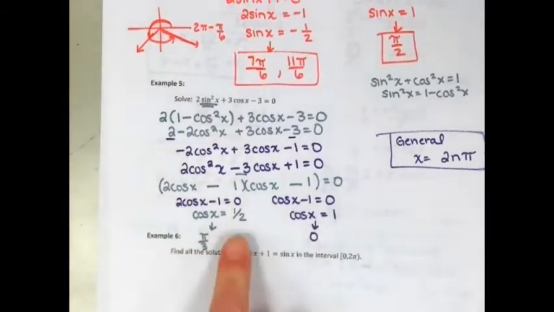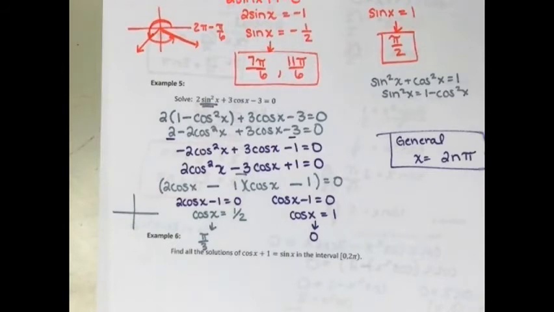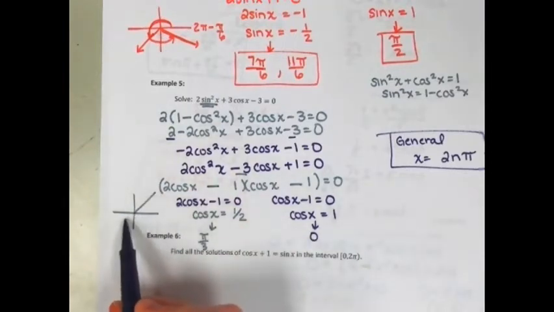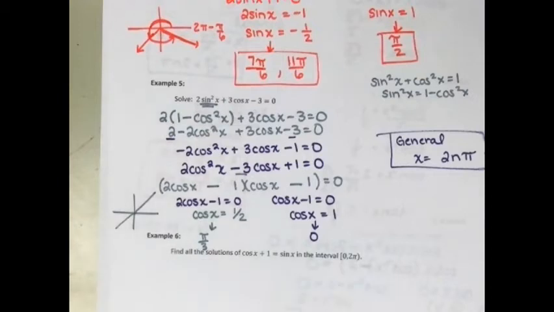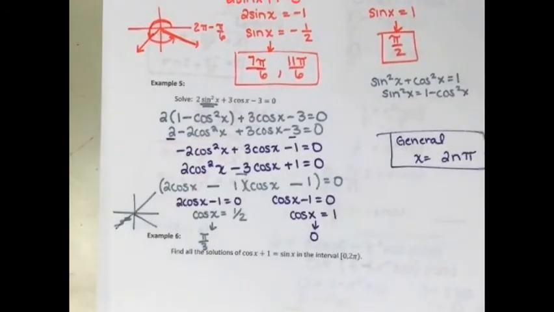So now, real quick, when cosine is positive, what quadrants are we in? So the x coordinate has to be positive, right? So wouldn't we be in quadrant 1 and quadrant 4? Yeah, sorry, quadrant 4. I don't know why I wrote that. Quadrant 4.